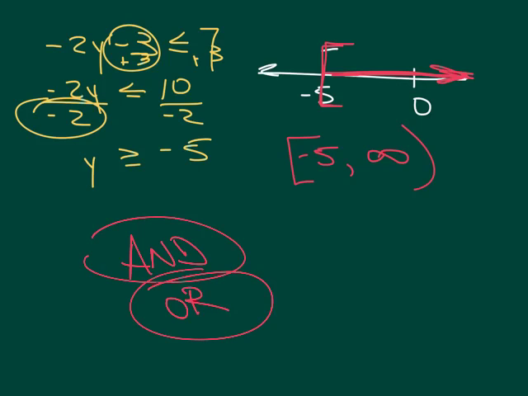Those are two very important words here. One means intersection and one means union. And means intersection, or means union. Okay. So, let's look and see what happens here when we start messing with the ands and the ors.